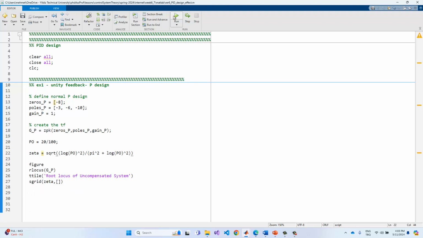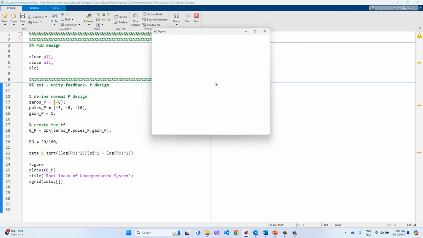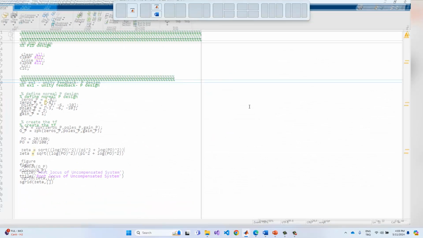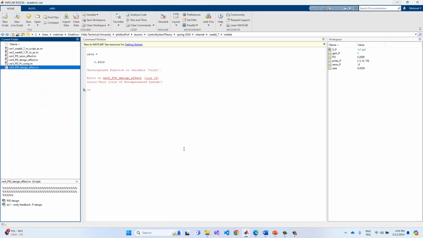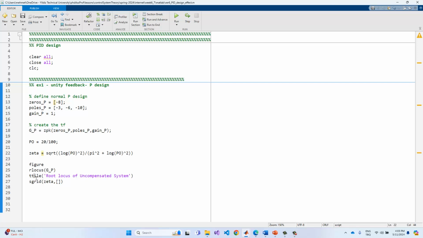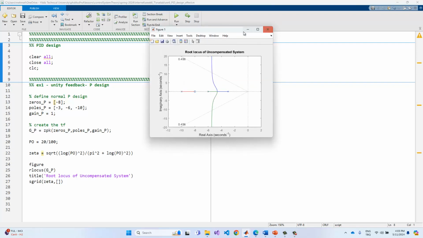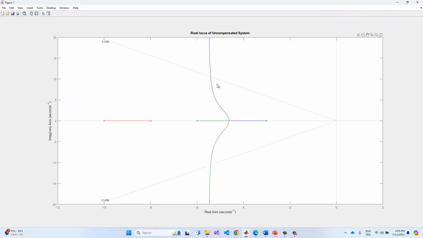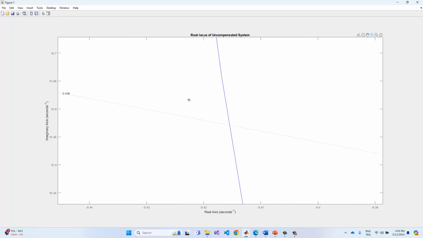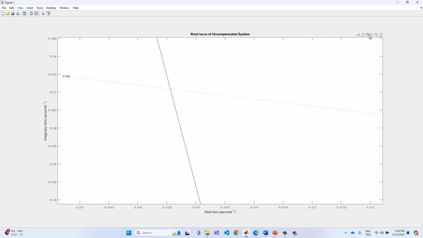Okay, and if I run this code, we have this root locus. Okay, and so we need to select this point in here, just like this one.